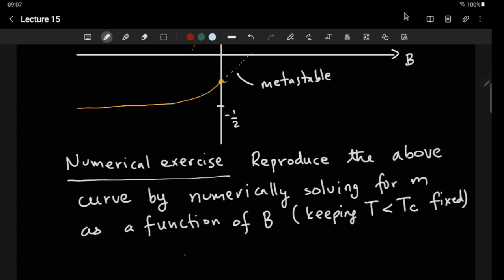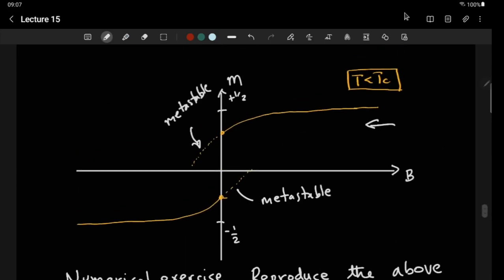We had that function, m equal to tanh of Tc upon T times 2m plus some factor times b. This is the equation we have to solve, and of course we have to pick the different roots, with Tc by T being greater than 1.